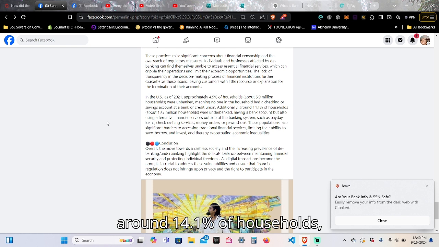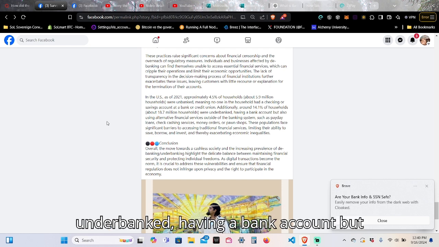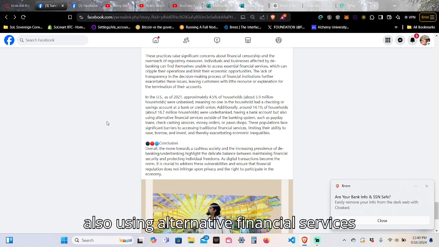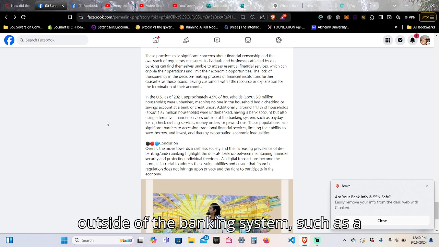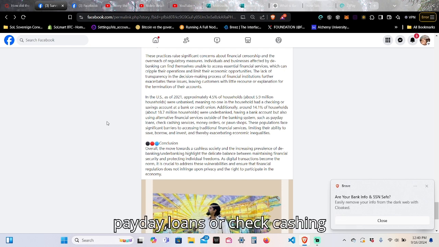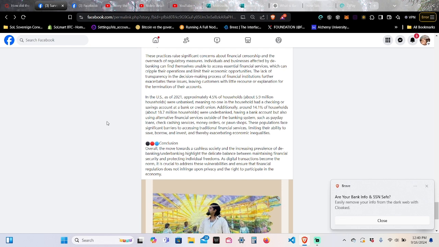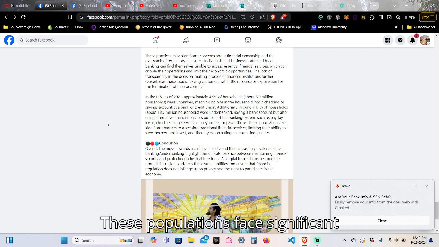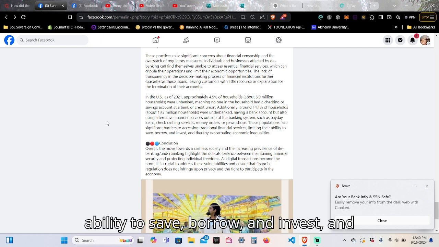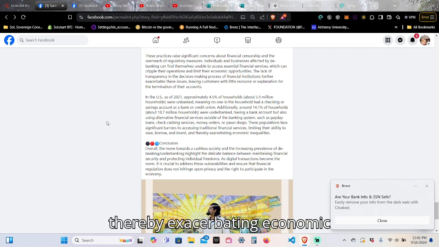Additionally, around 14.1% of households, close to 19 million people, were underbanked, having a bank account but also using alternative financial services outside of the banking system, such as payday loans, check cashing services, money orders, or pawn shops. These populations face significant barriers to accessing traditional financial services, limiting their ability to save, borrow, and invest, and thereby exacerbating economic inequalities. Conclusion.